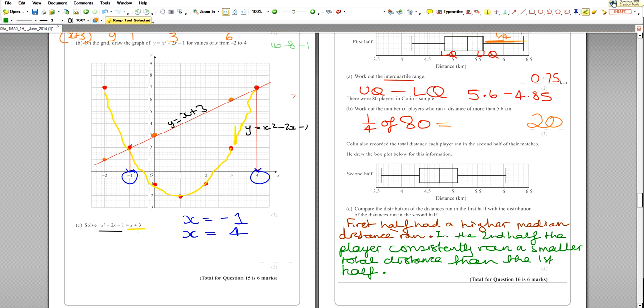So the comparison is a comparison of the measures of spread and the medians, and we do it in the context of the question.